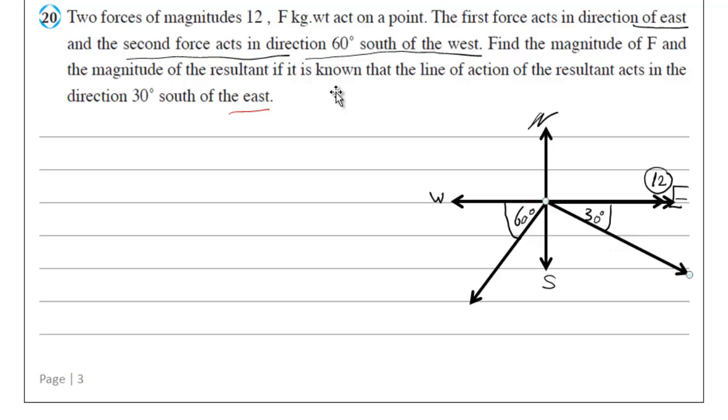Now we can make some changes, drawing another force 12 parallel to this force. It will be here. Now this is the force of magnitude 12. Okay, we remove it from here. Of course, this force 12 is parallel to this force.